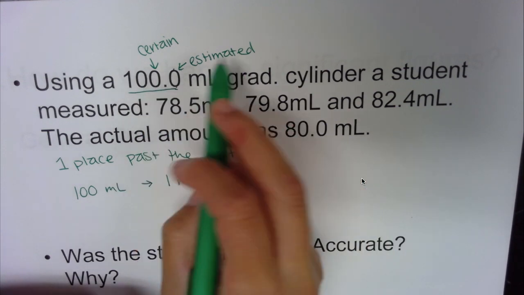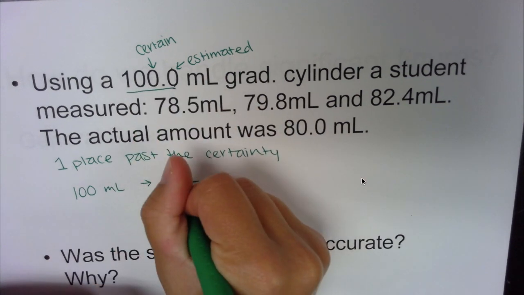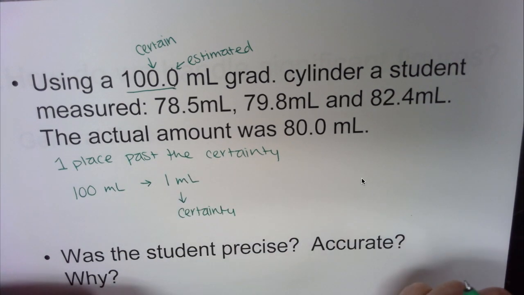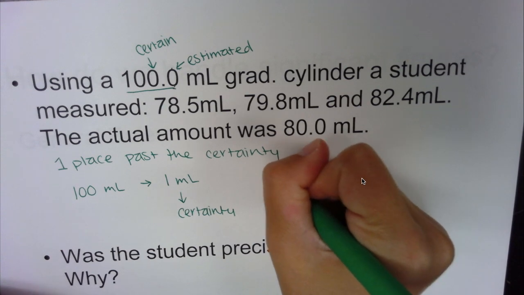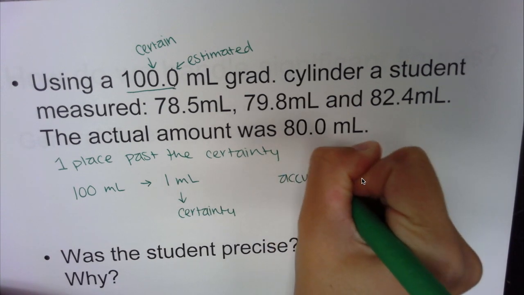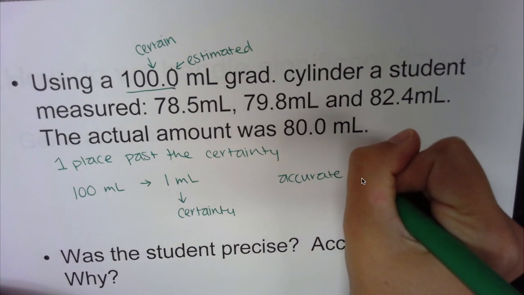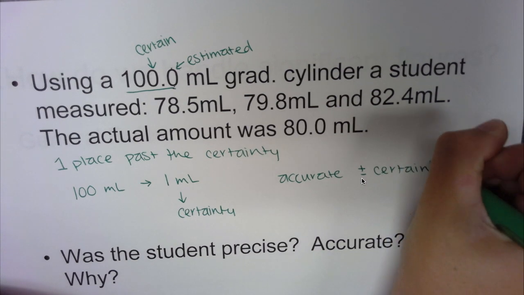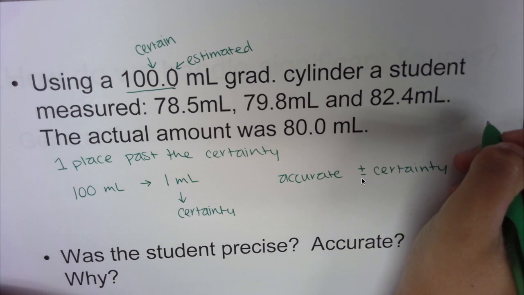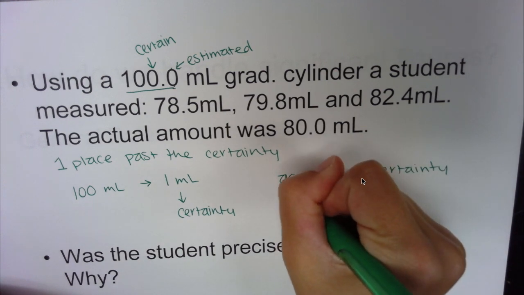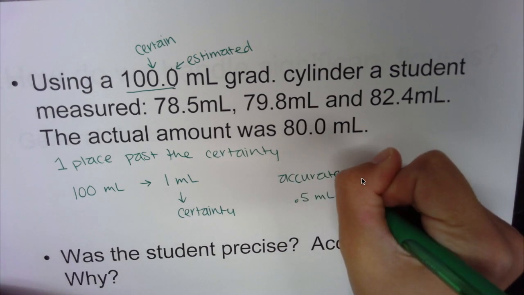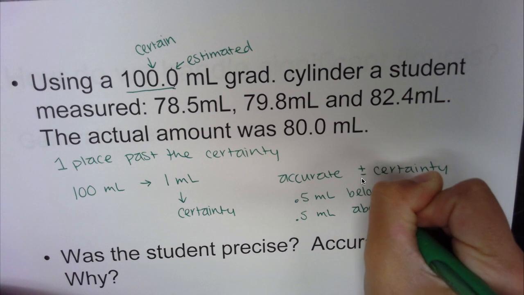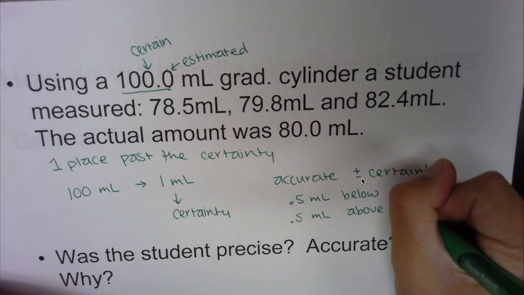So our certainty represents our 1 milliliter. In order for us to be accurate, we have to be within plus or minus the certainty. So all of our values have to be within 0.5 milliliters below to 0.5 milliliters above.